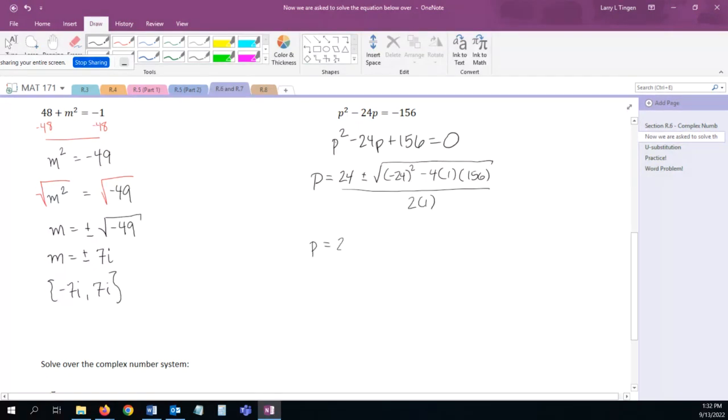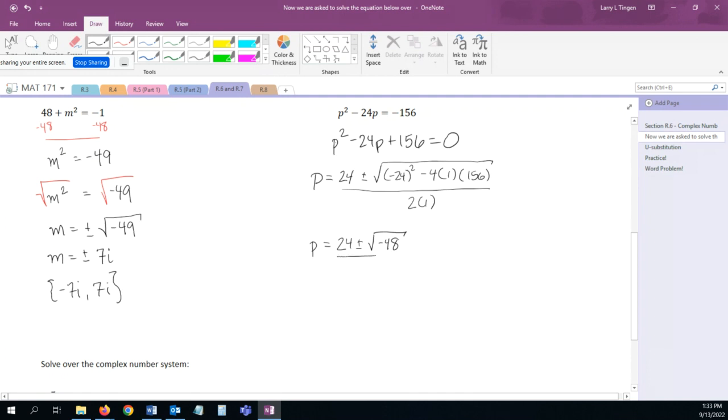And I've done this already in my head. -24 times -24 gives me positive. And then subtract the product here. And the result of this is -48. Now, that's the discriminant.